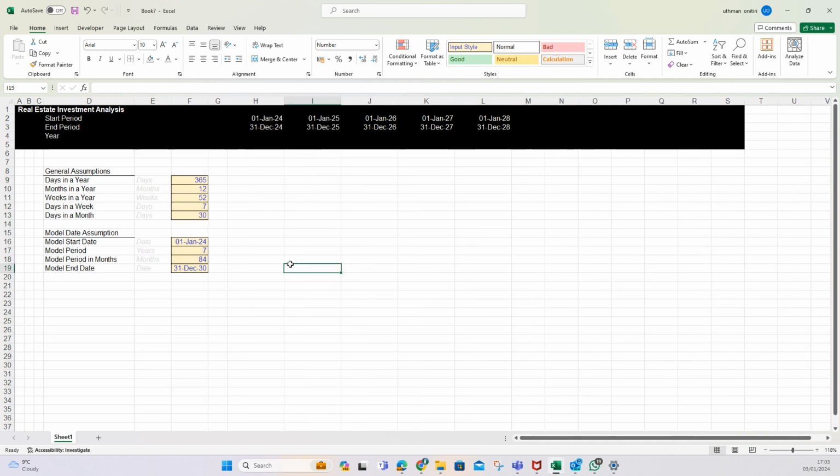I'm going to be needing the column G. That's why I had to do this. So for the general model assumption, we can call this model assumptions. So firstly, I'm going to start with the use of fund, and I'm going to explain. What I'm trying to do here is let's assume I've gotten the property, right? And I know how much the property is worth. So I want to begin to lay out what my use of fund is going to look like.